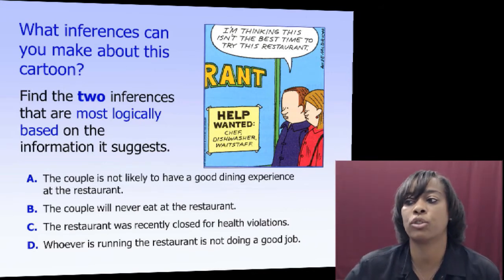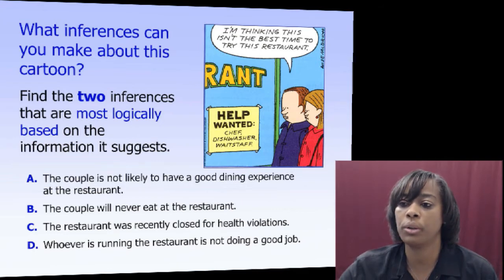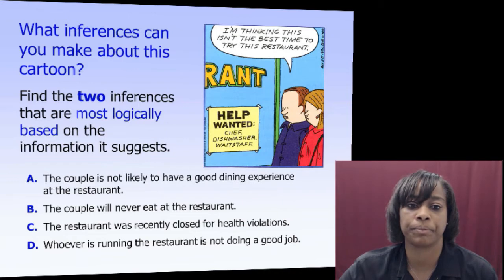So you could choose two of those and make your logical inference. I'm going to leave it up here for just a second and let you choose which one you think is the best two inferences for this picture. And then we'll go over it and I'll explain why your choices should be the ones that I show you.